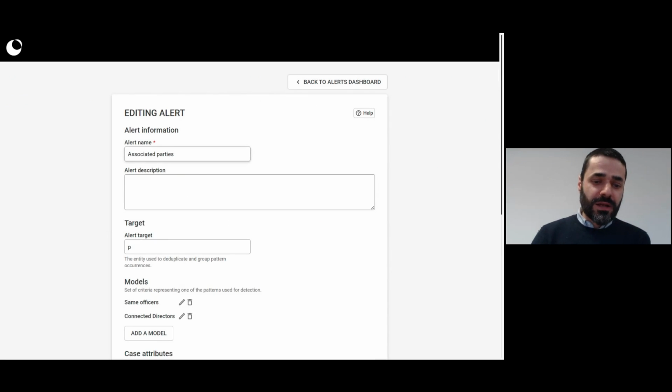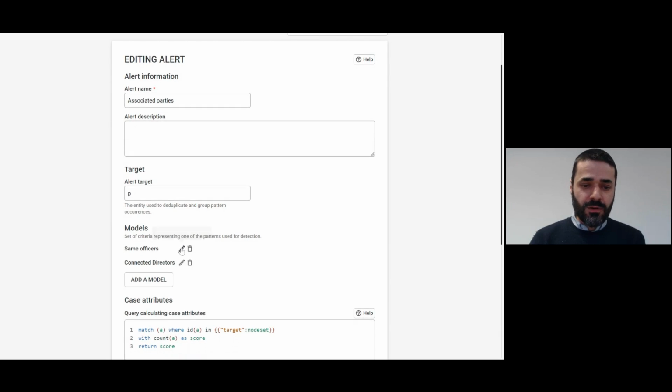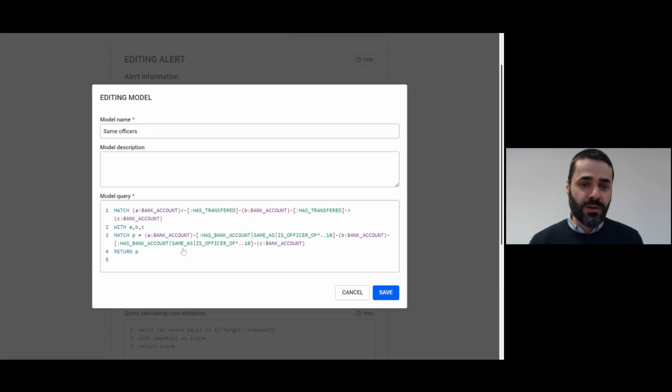It's called associated parties, and it's based on a graph pattern. It's actually the same exact graph pattern that I showed earlier on. So we are looking for a situation such as a bank account that's sending money to two other bank accounts. So that's described in this section.